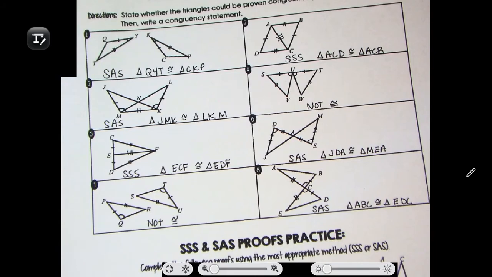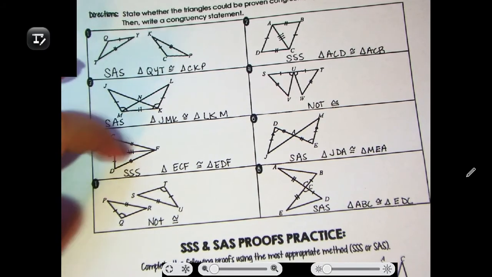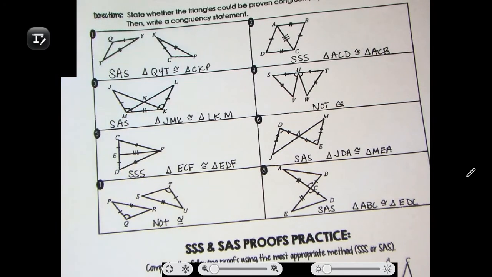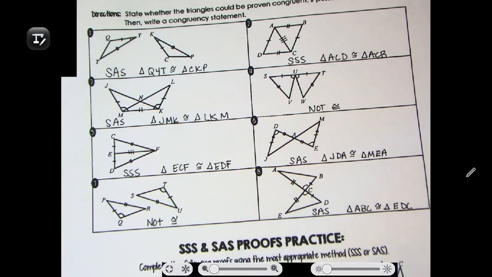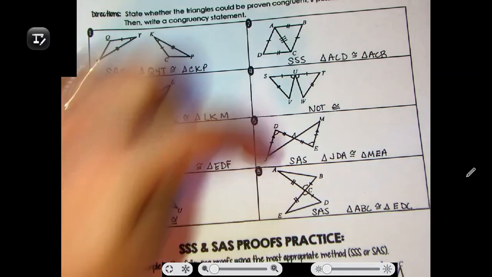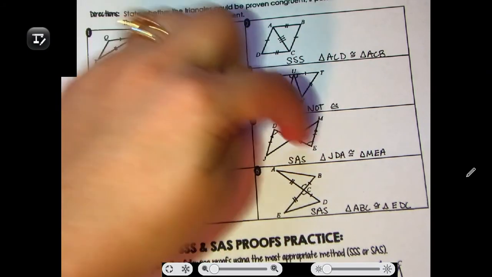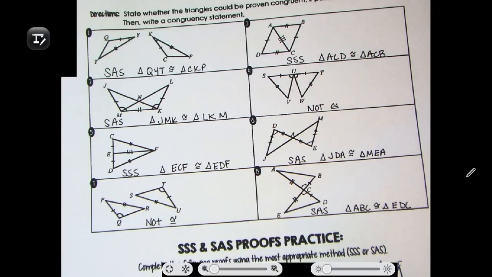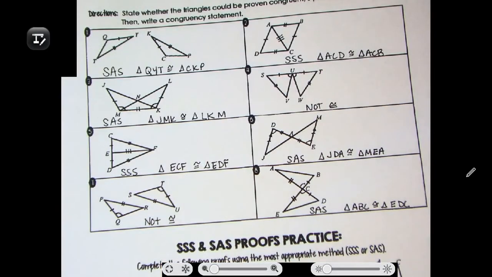Number 5 here, you have a side, and then you have this shared side. So we could use side, side, side and say that they're congruent. On number 6, you have 2 sides that are given to you. And then you could also say that these 2 angles are congruent because of the parallel lines.